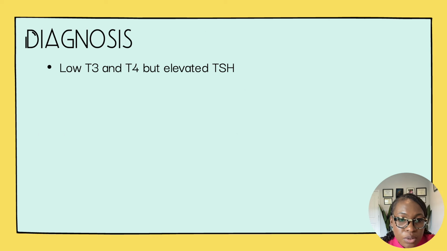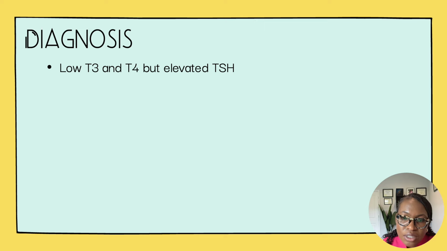So how is the diagnosis made? Diagnosis is made when we see a low T3 and T4, but an elevated thyroid stimulating hormone. And if you think about this, we already said we have low levels of T3 and T4, and the body recognizes that those levels are too low for what we need them for metabolism.